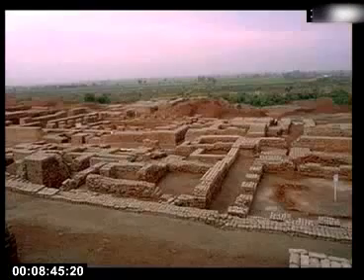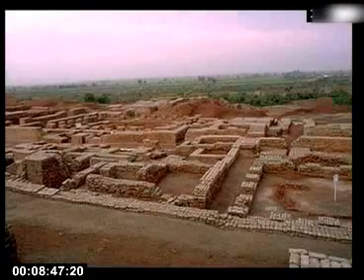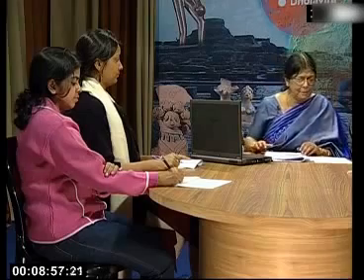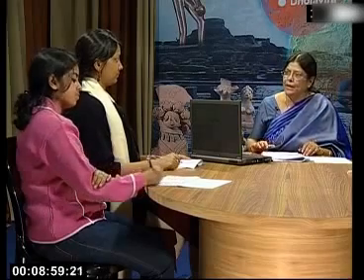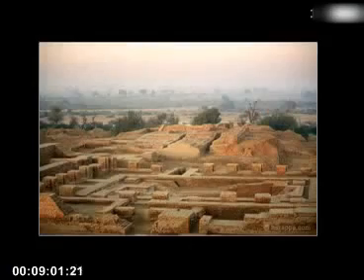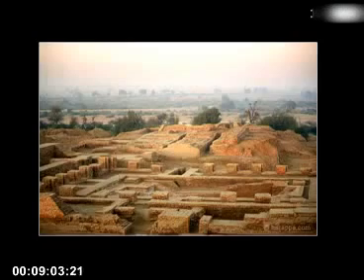Apart from this, there is a large pillared hall, and it has also again received different interpretations from historians. It has been interpreted sometimes as an assembly hall, something like a town hall, and sometimes as a market hall also. Its extent is 750 square meters.